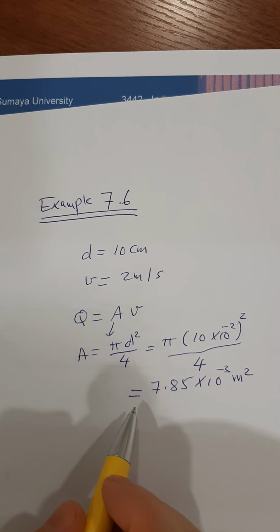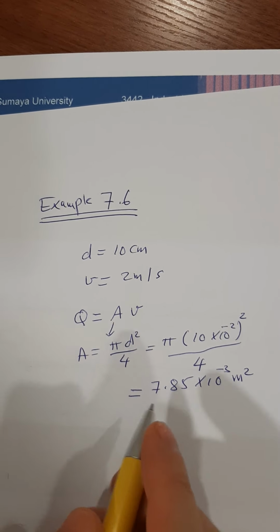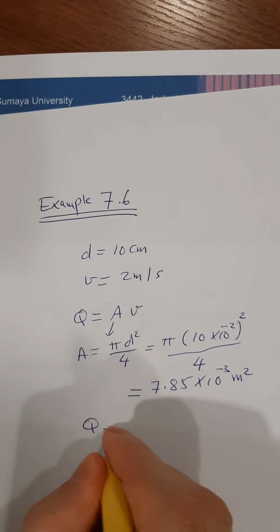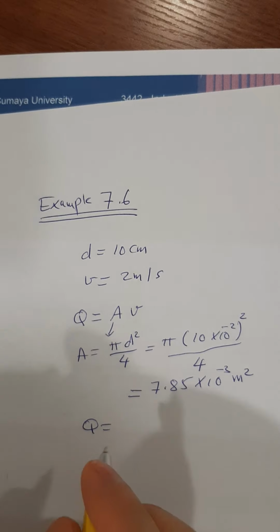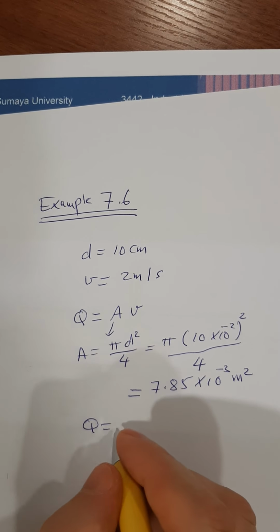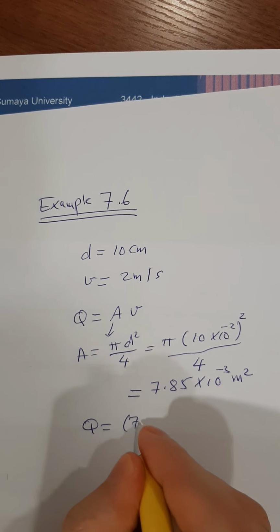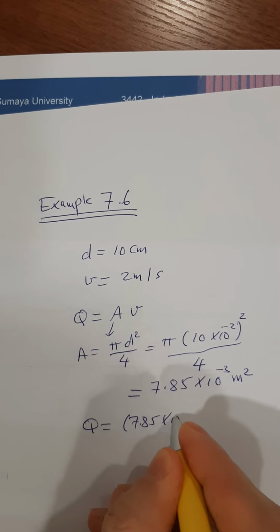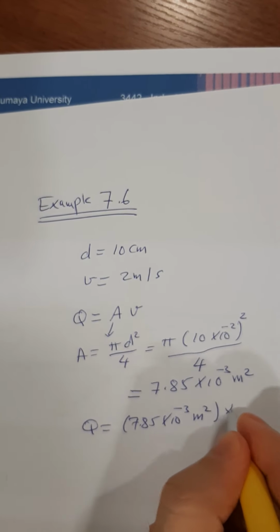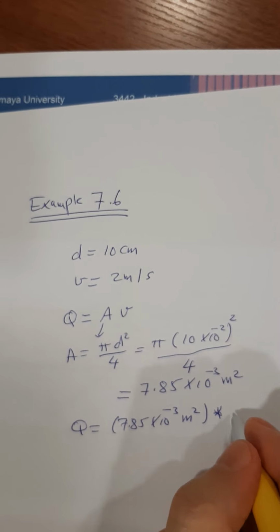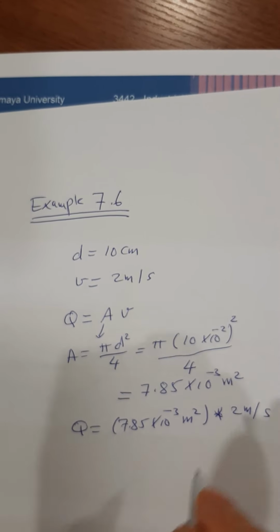Once we have calculated the area, then the flow is equal to A, the area, which is 7.85 times 10 to the power minus 3 meter squared, times the velocity, which is 2 meter per second.